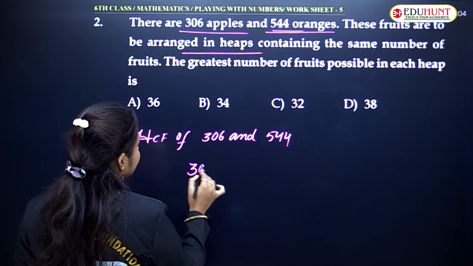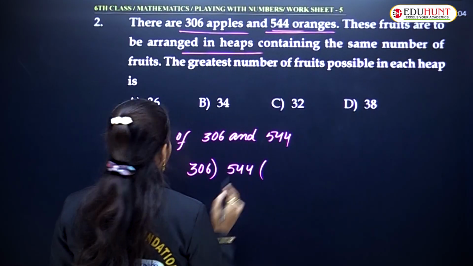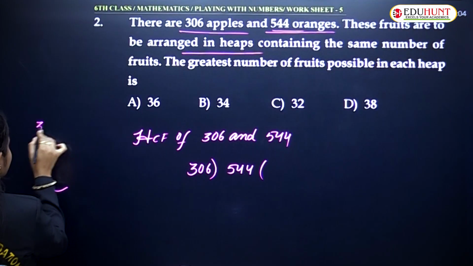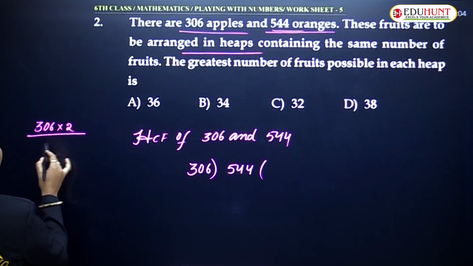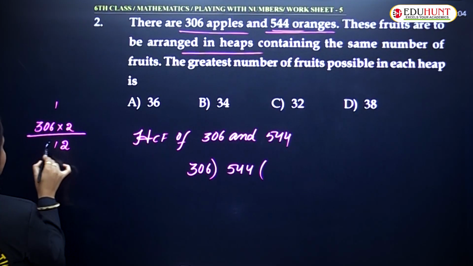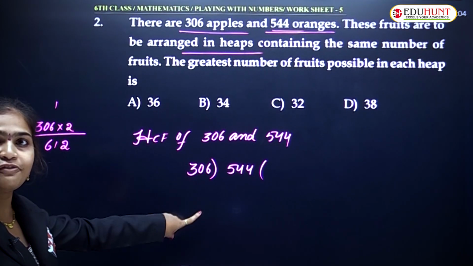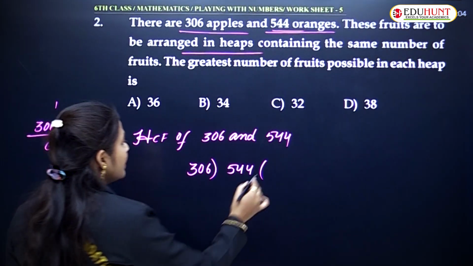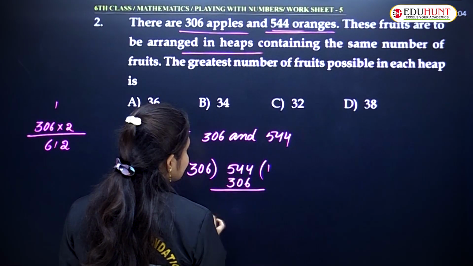Now see, 306, 544. Here 306 into 2, how much will you get? 2 6s 12, 2 0 0 plus 1, 2 3 6, 612. 612 is more than 544. That's why it is better to go for one multiple. So again we get 306.